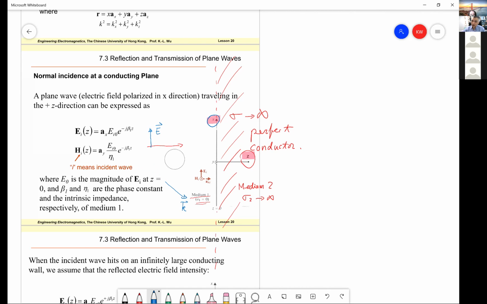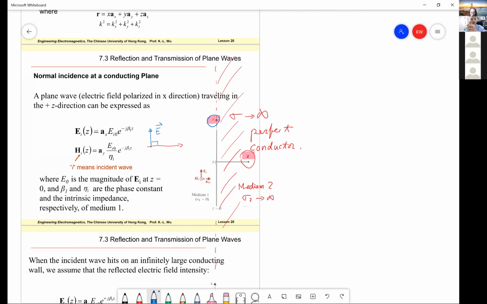Now let's discuss a scenario in which the wave perpendicularly hits the wall. The electrical field must be polarized in the direction perpendicular to the propagation direction. That means the electrical field is parallel with the wall.